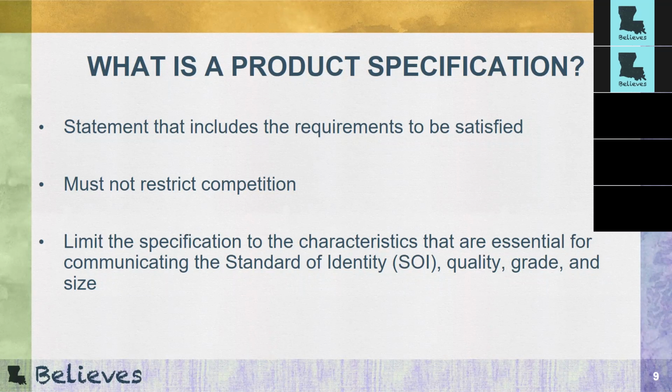Most single ingredient foods, such as fresh produce or ground meats, often only need a very brief description. Remember to use common language of the industry when developing your product specifications, because it's important to provide a clear product description. The clearer the specification, the more likely you are to receive the product that you are requesting.